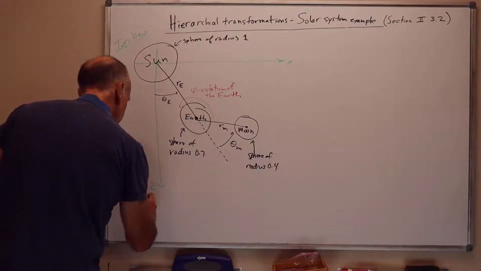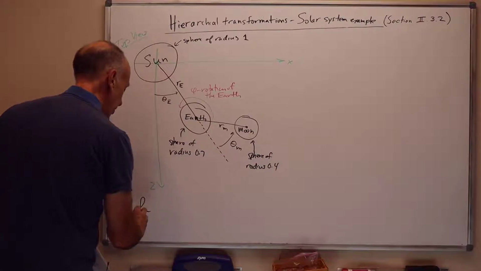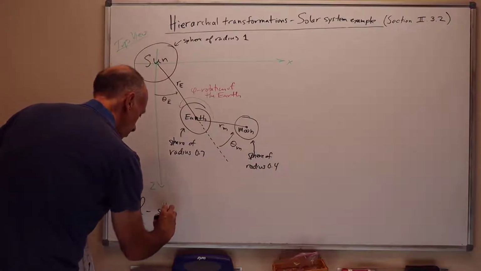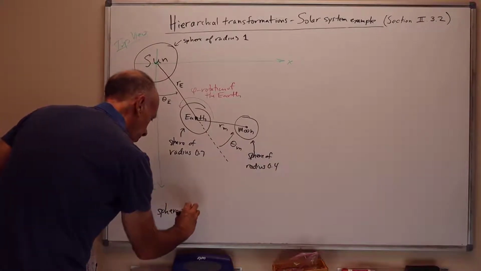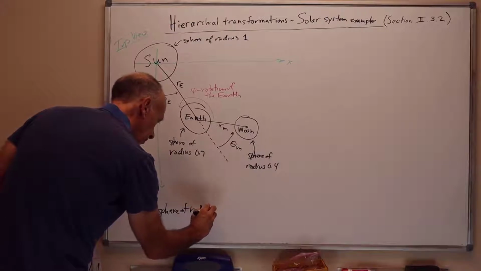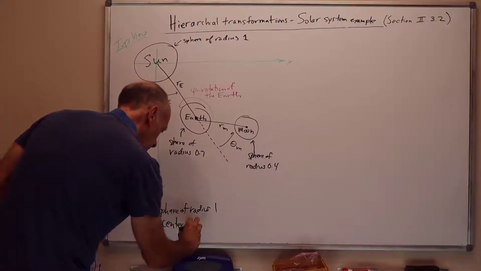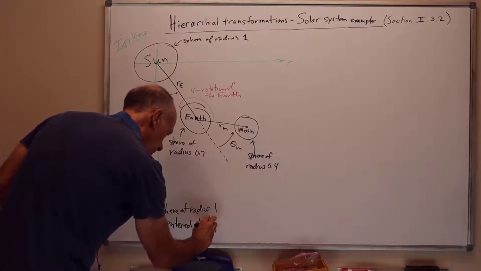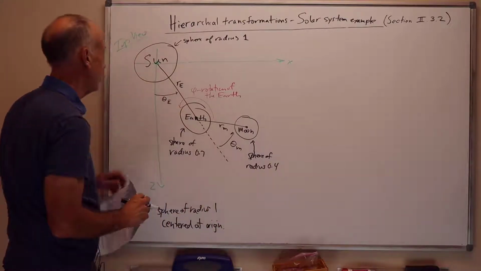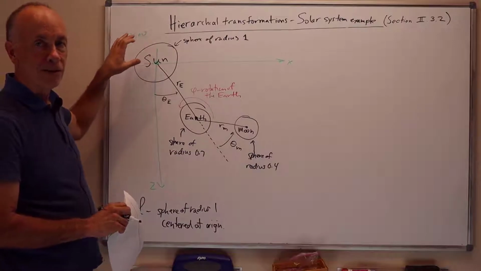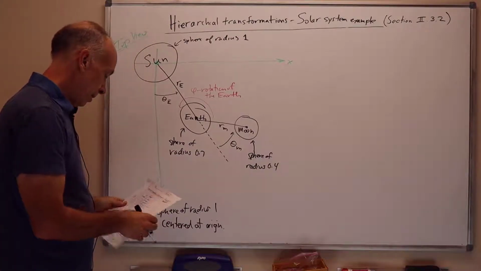And we're going to render all three of those things using a sphere S, which is a sphere of radius 1, centered at the origin. So we can just use S for the sun, because the sun will also be rendered as a sphere of radius 1 centered at the origin.